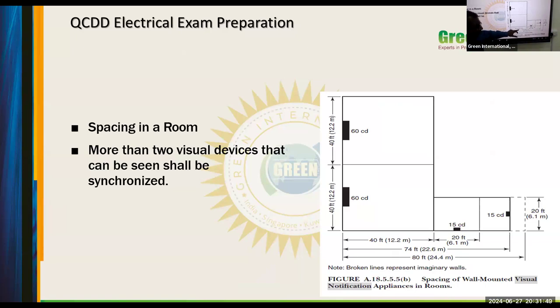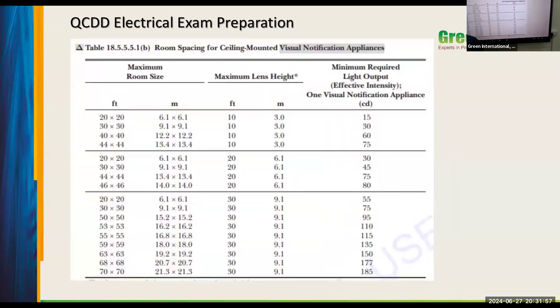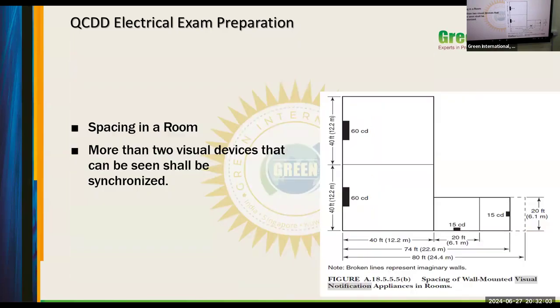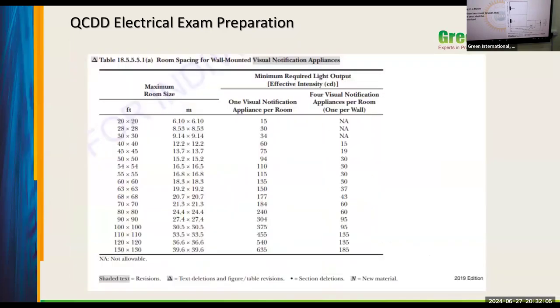This is 40 feet, here 40 feet. So 40 feet by 40 feet, we have one room. So we take this one: for 40 by 40, we have 60 candela for 1.